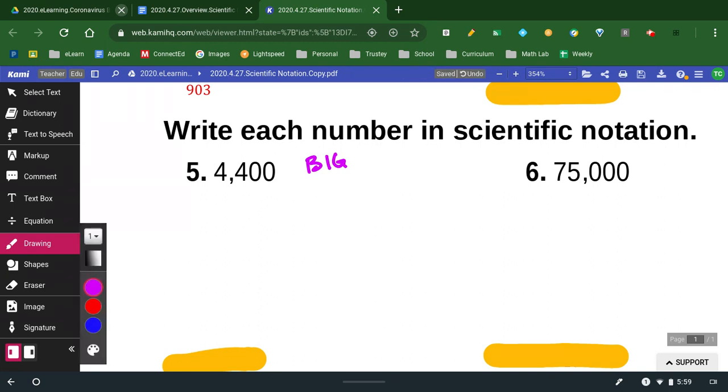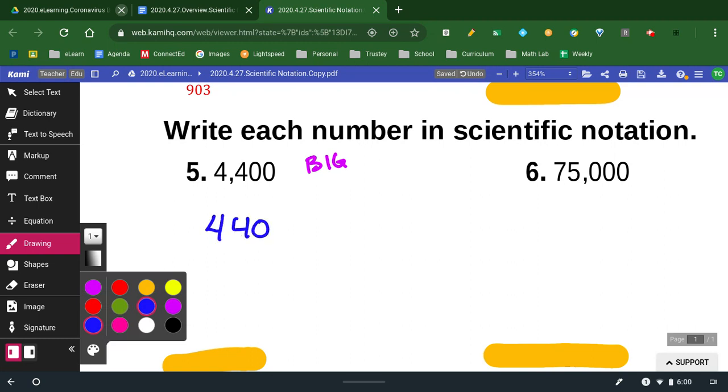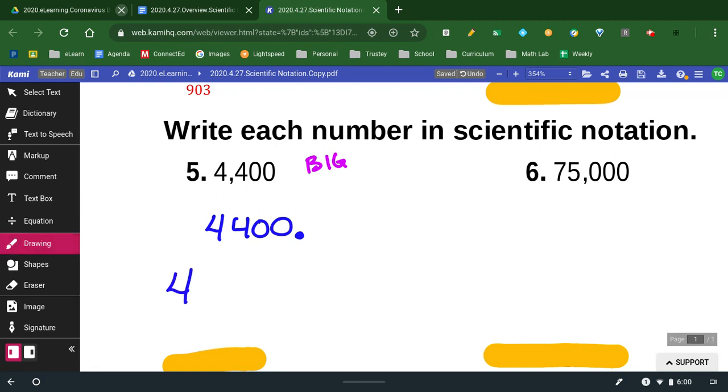The reason I do that is because I'm going to first go ahead and copy down this number, noticing that I have 4 thousands, 4 hundreds, 0 tens, 0 ones. But scientific notation tells us to rewrite a number so that we have a decimal between 1 and 10 times some power of 10.